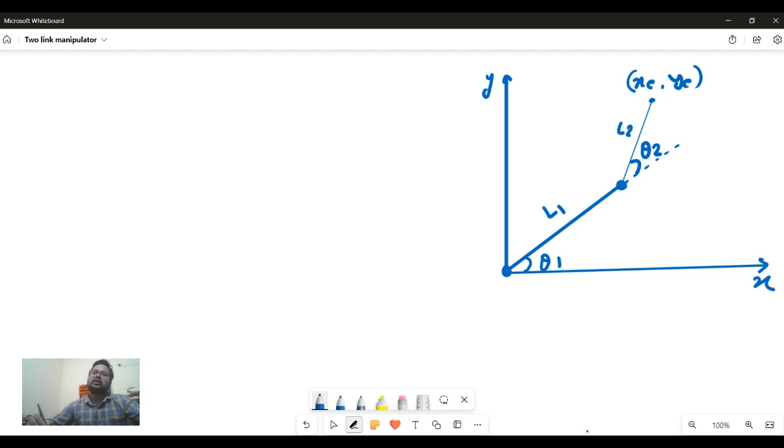Okay, let's draw a line from joint 1 to the end effector. This is joint 1, joint 2, and this is E. Now let's draw a perpendicular line over the x-axis.